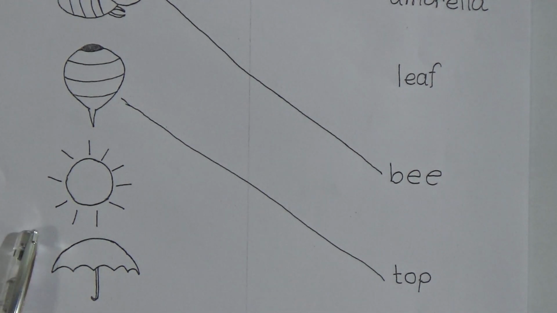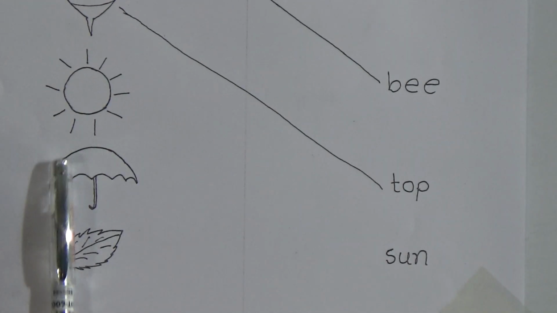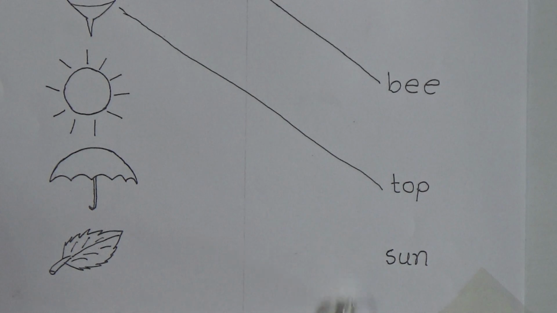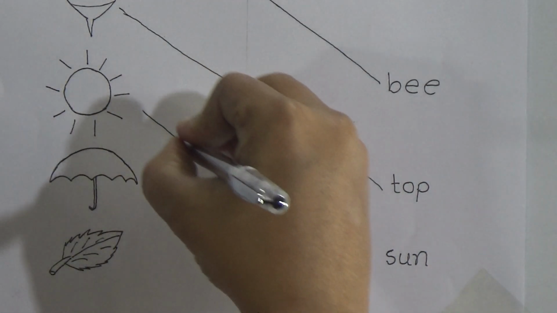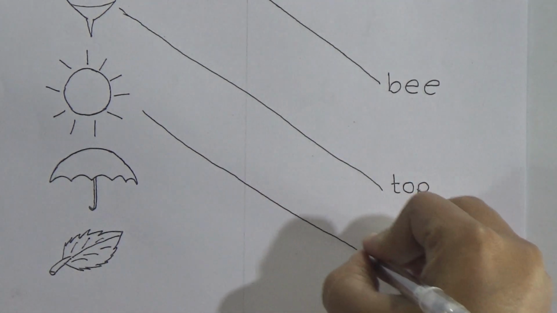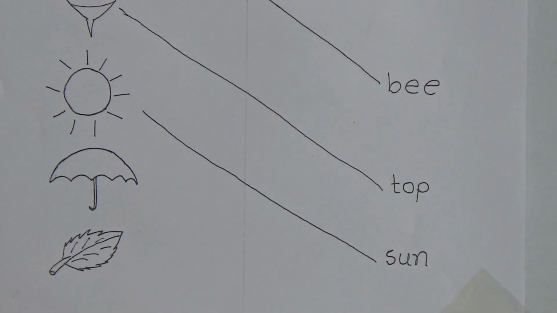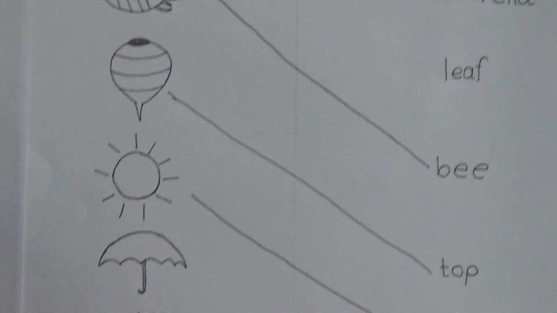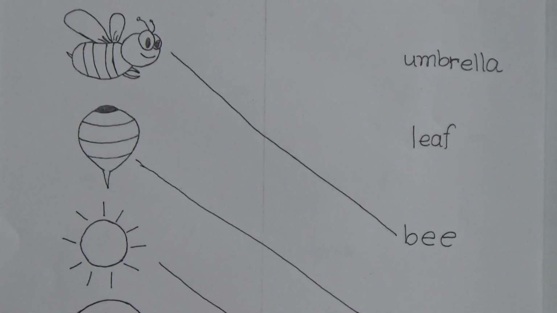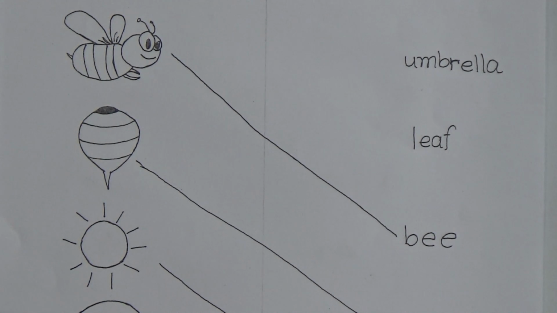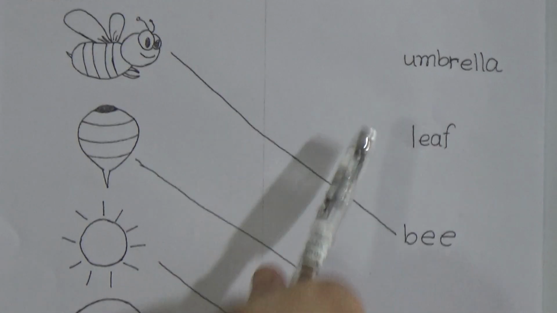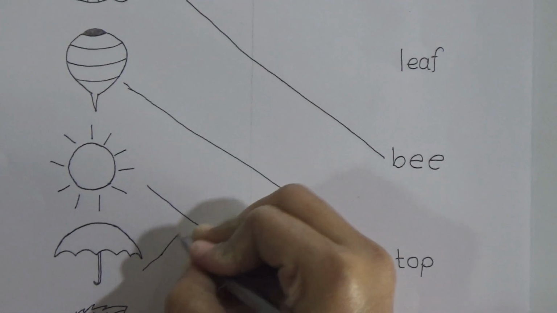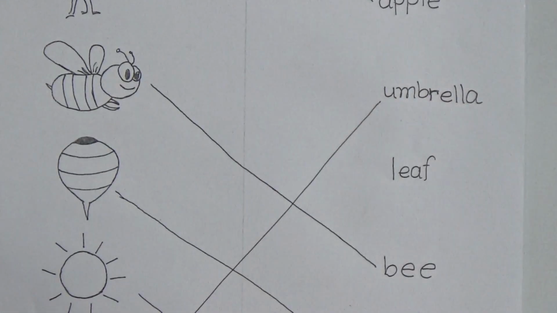Now this is sun, S-U-N, sun. Where is sun? It is here. So we have to also match the picture of sun with the word sun. This is umbrella. This is the picture of umbrella. U-M-B-R-E-L-L-A, umbrella. Where is it? This is here. So we have to match the picture of umbrella with the word.